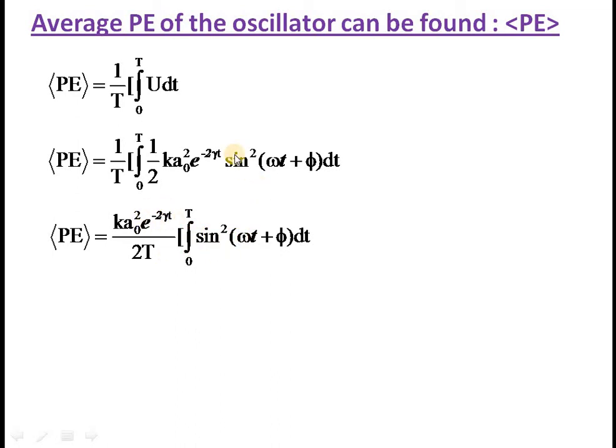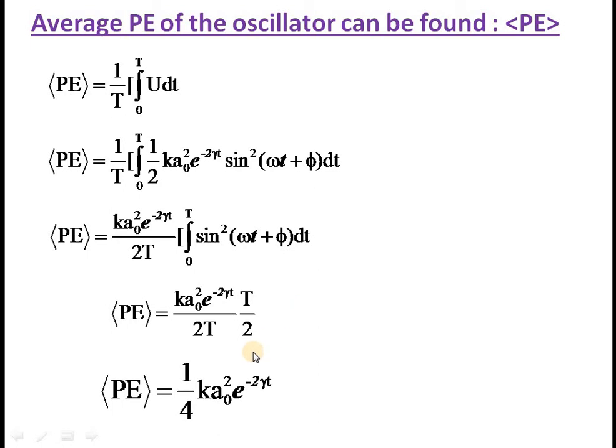So integrating sin square omega t plus phi you can do very easily. Already we have shown that it is equal to t by 2, so t will be cancelled. So what we get is the average potential energy over a cycle equal to 1 by 4 k a0 square e raised to minus 2 gamma t.